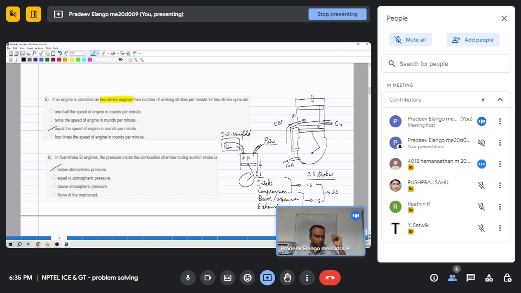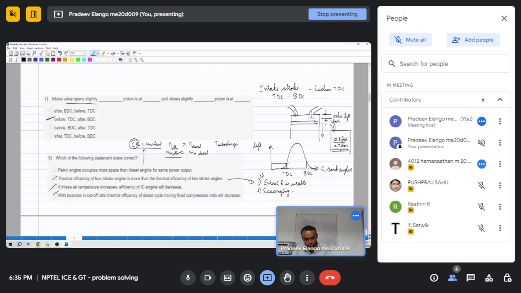So this is called scavenging, and this is not a problem in a four-stroke engine because we have different intake stroke and then exhaust stroke, so there is no mixture of intake air short-circuiting and going to the exhaust manifold. So this is one advantage of a four-stroke engine compared to two-stroke.